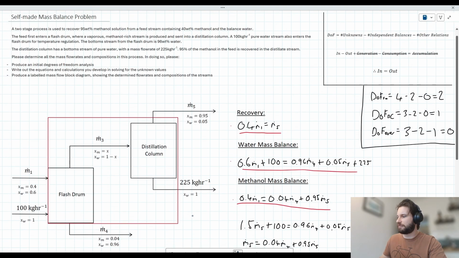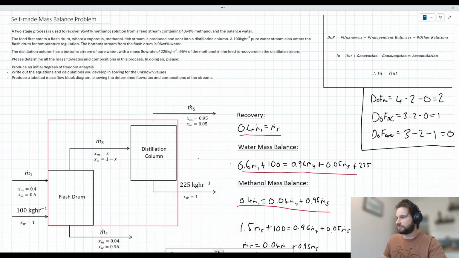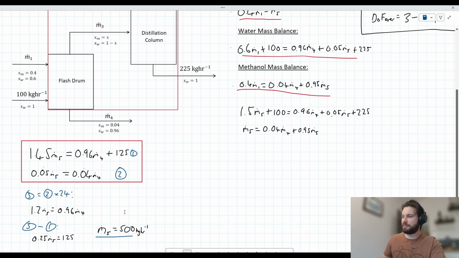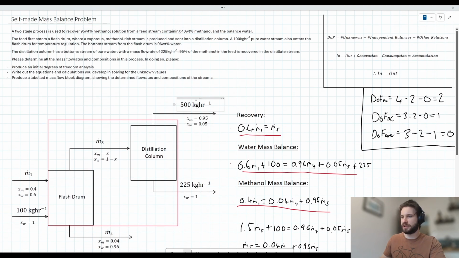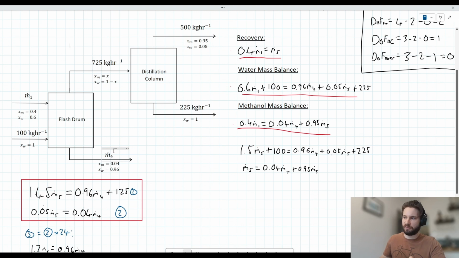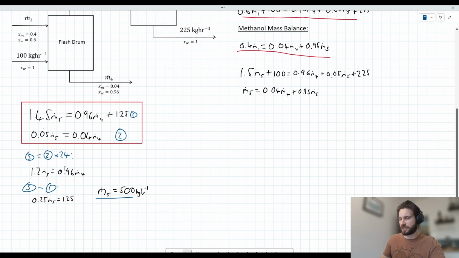Now, if we're saying that m5 is equal to 500, I can go back into my mass flow block diagram here and replace m5 with 500 kilos an hour. If m5 equals 500 kilos, then we can say that m3 by inspection is 725, just doing an overall balance here. To solve for m4, we could look back on the equations that we generated earlier.